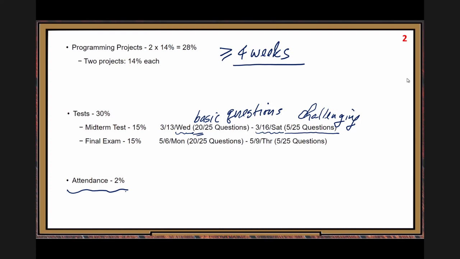Okay. So if you can get your overall average above 80%, then you automatically earn this 2%, no matter that percentage attendance number.